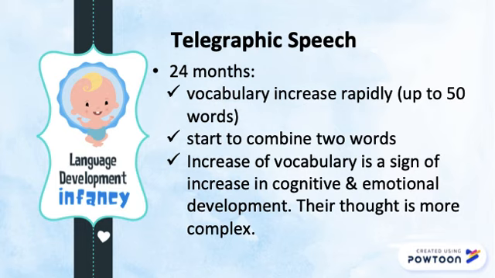Infants at the end of their second year develop their vocabulary quickly. They also start to combine 2 words in their utterances. For example, they would say more milk if they want some more milk. They tend to modify one keyword to communicate different meanings.